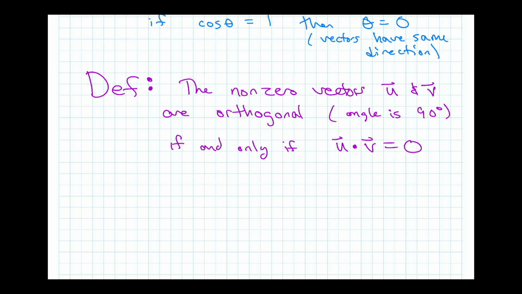That's how you check if two things are orthogonal. Orthogonal just means perpendicular.